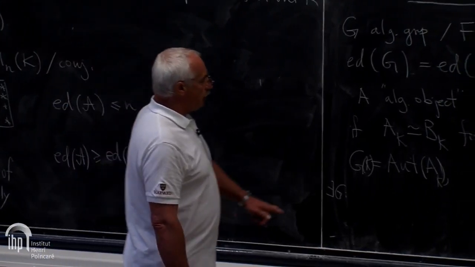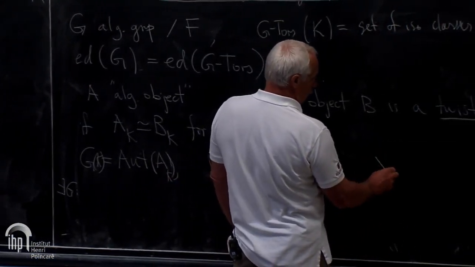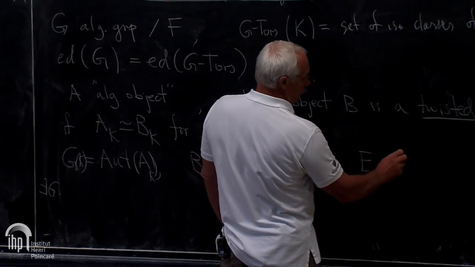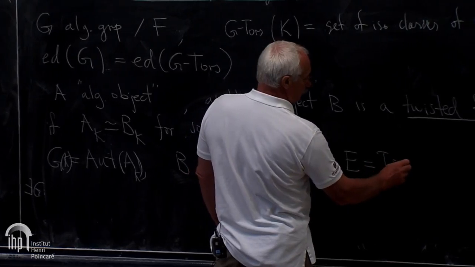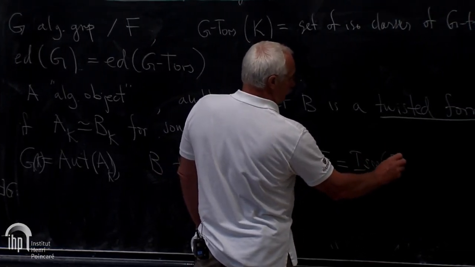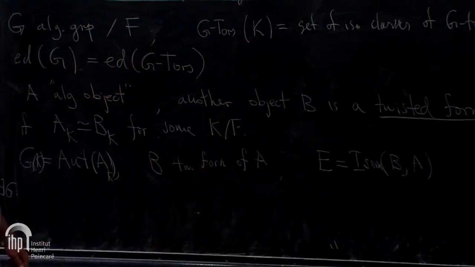So if you take a twisted form B of A, then the set E of isomorphisms between B and A can also be viewed as a variety.